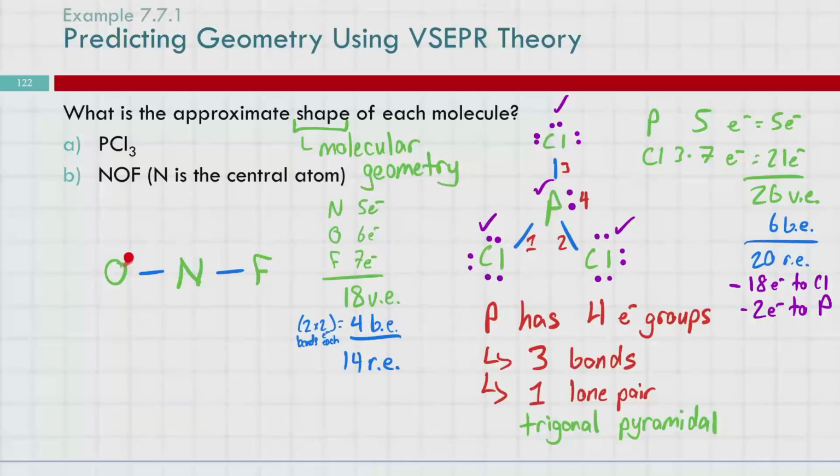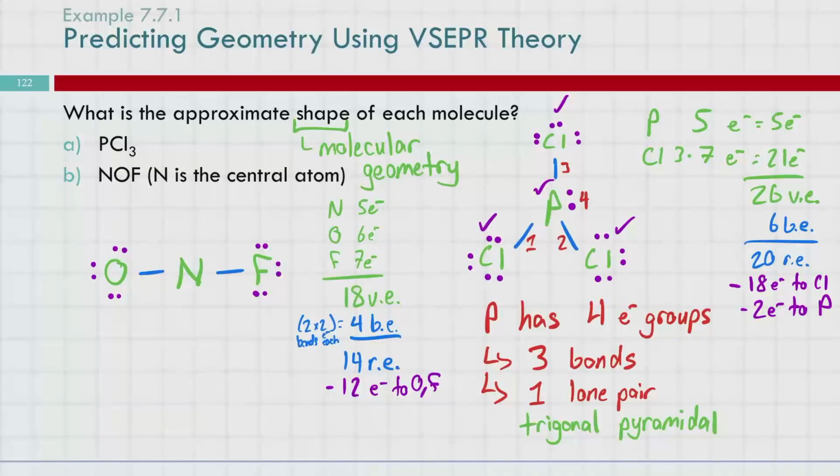So our fluorine and our oxygen each currently only have 1 bond, which means they have 2 electrons. They need to get up to 8, so we can add 6 to each. So we're going to add 3 lone pairs to get them up to their octets.